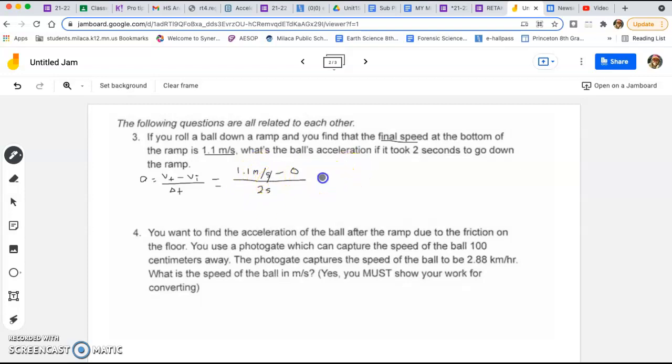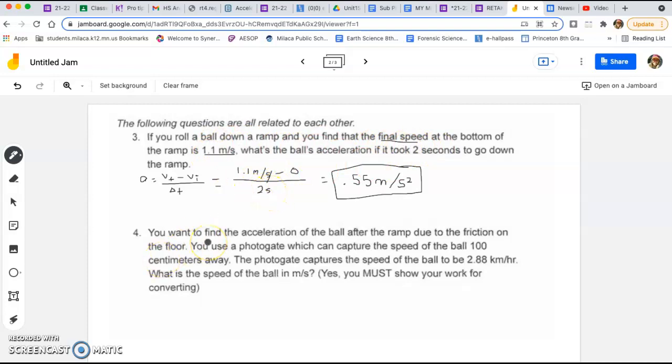It's going to equal 0.55 meters per second squared, because there's one on top and one on the bottom, and we're not crossing these out, okay? Because this is really 1 over 1, so squared. So that would be the acceleration of the ball, okay? The final speed over the time that it took.